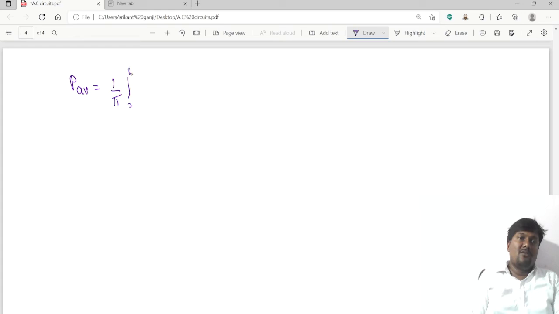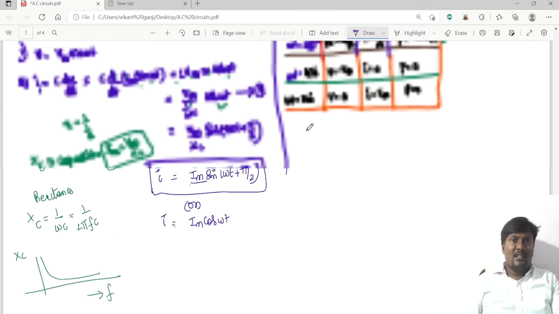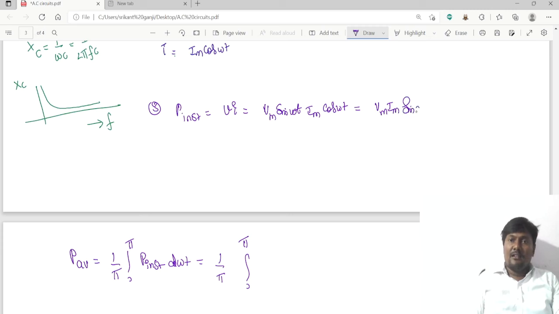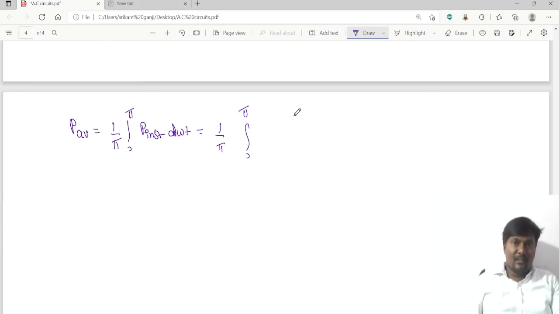Then the average power is equal to 1 by pi, integration from 0 to pi of instantaneous power into d omega t. What is the instantaneous power? The instantaneous power is equal to voltage into current: Vmax sin omega t into Imax cos omega t, which is Vmax Imax sin 2 omega t by 2.